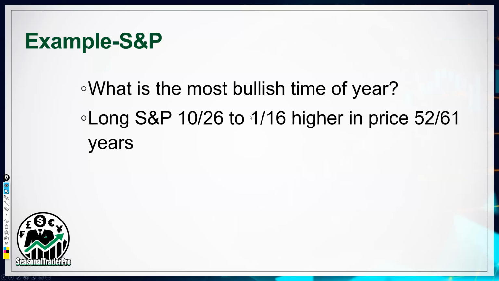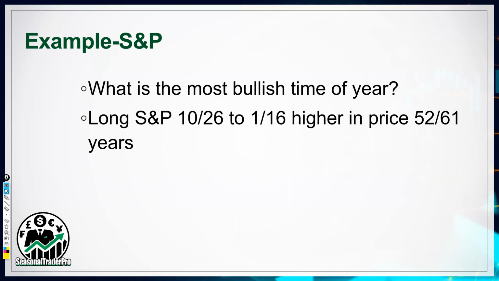Just as an example, a lot of traders, generally speaking, will look at the S&P, which could be in the futures, the ES, or the SPY, the SPX. And I get asked this a lot: Dr. Keith, what is the bullish time of the year in the markets typically?